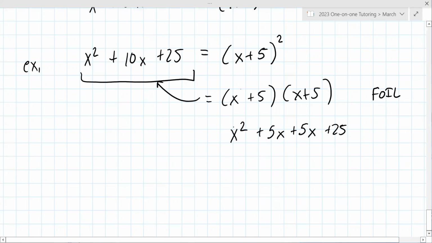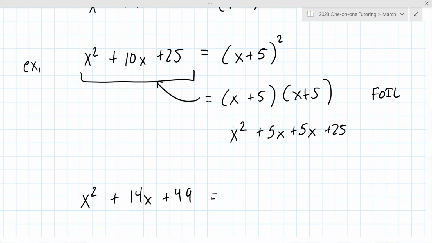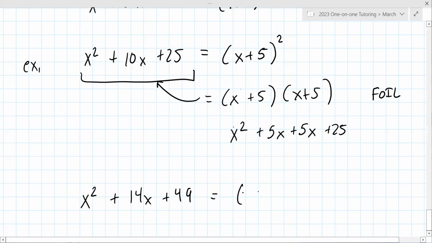So let's have you try one now. Let's say it's x squared plus 14x plus 49. What does that become? Let's see. Square root. 7, so it would be x plus 7 and then squared.